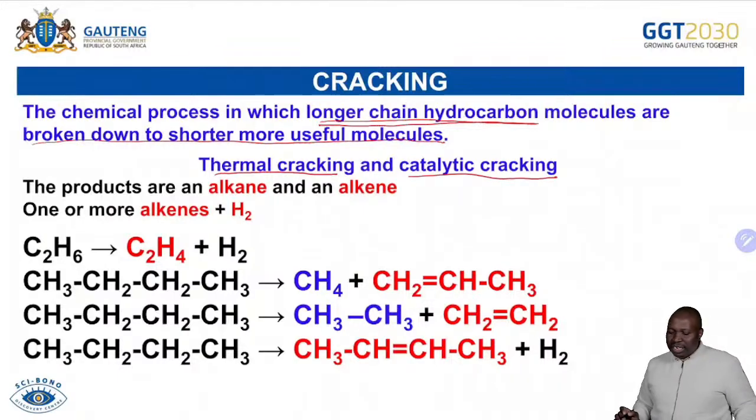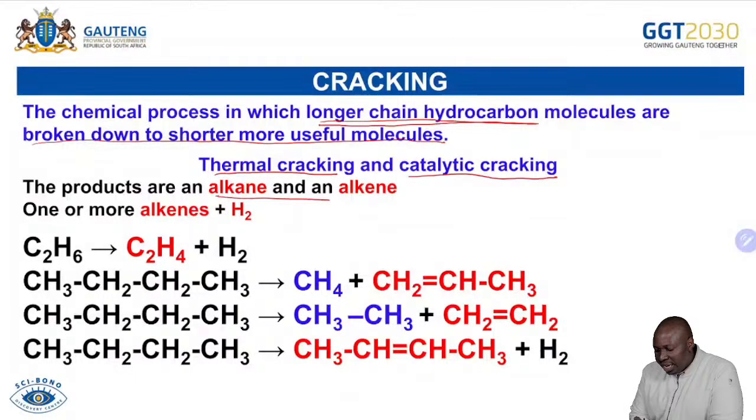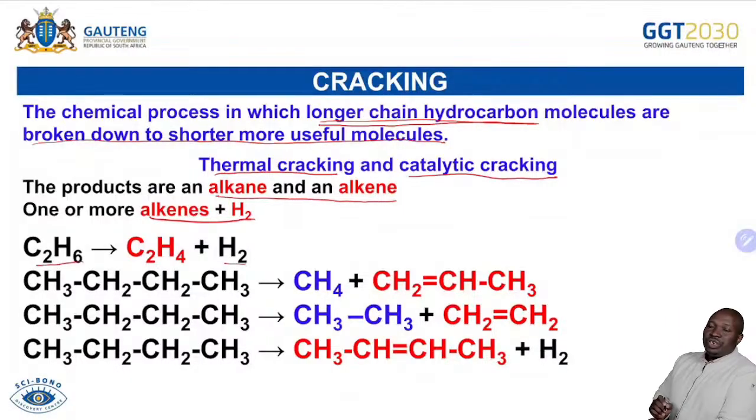Now, in terms of alkenes, I told you that cracking forms an alkane and an alkene, or an alkene and hydrogen. For example, we're given ethane. It can undergo cracking, elimination, where we are eliminating hydrogen, dehydrogenation, and then it will form an alkene and hydrogen. But look, when you're having butane, for example, you can eliminate the first carbon, then you'll get methane and propene.